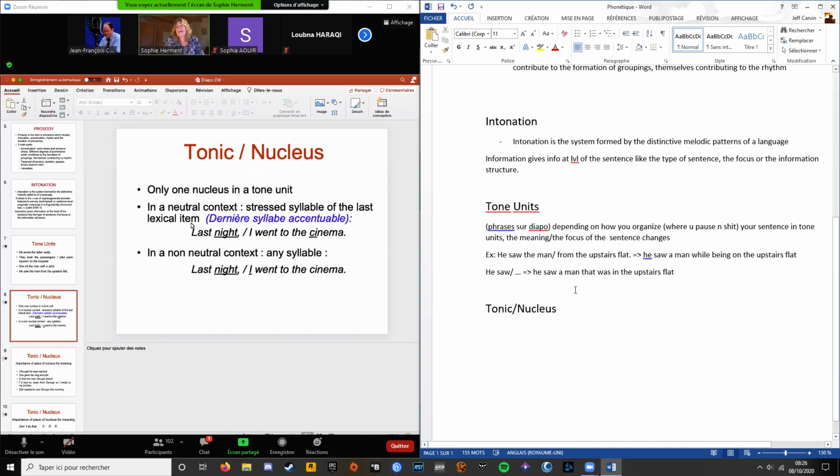Well, no, in your tone unit, and you have only one nucleus in a tone unit. You can't have two. You just have one. It's very easy. You divide your sentence into tone units, and if you find all your sentence stresses, the last one is the nucleus.